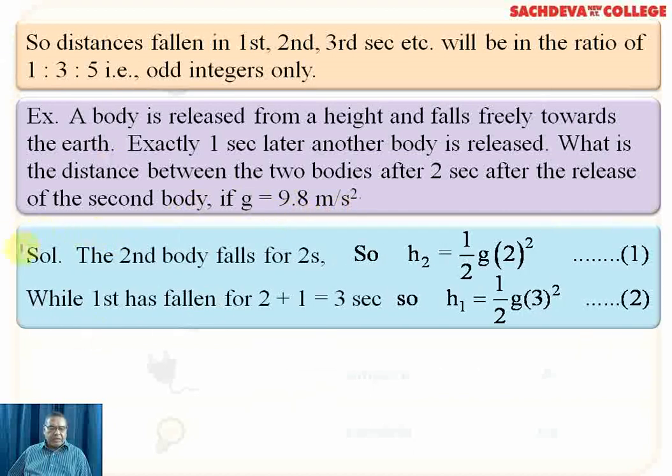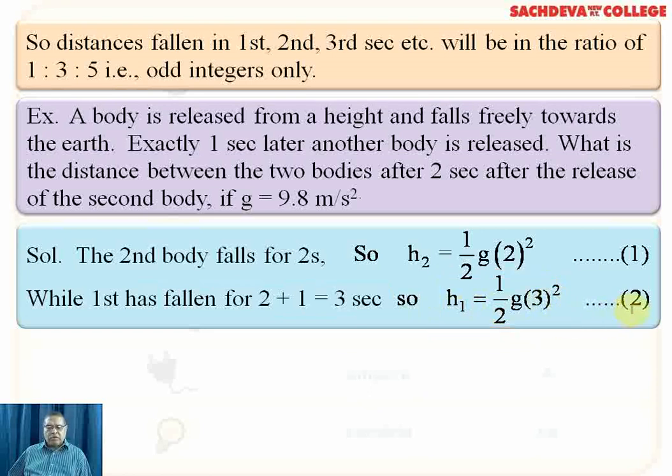In order to solve the question, the second body falls for 2 seconds. So the distance h2 is calculated by the function half gt², and for t we put 2, so it becomes half g into 2², equation number 1. While the first has fallen for 2 + 1, that is 3 seconds, again we use the equation for h1, half gt², half g into 3².